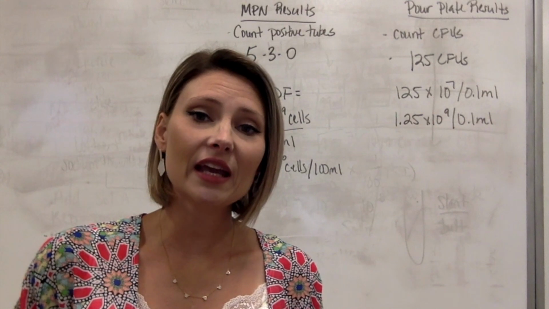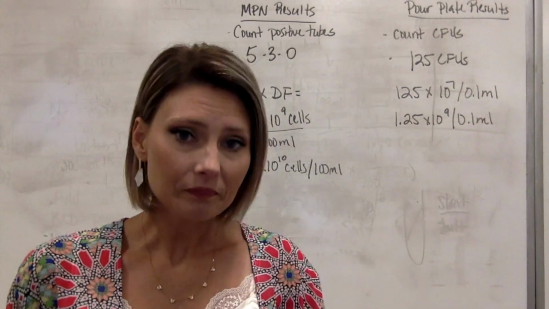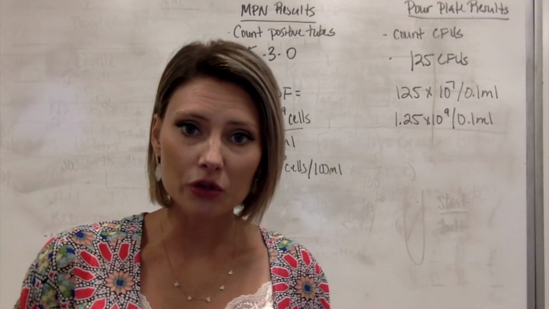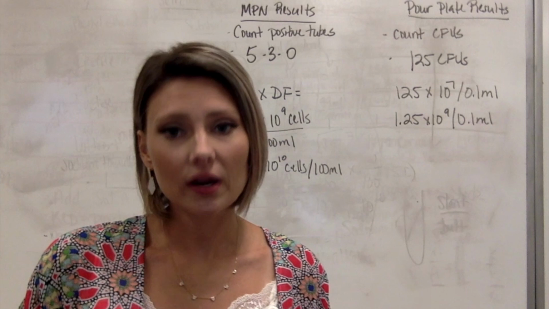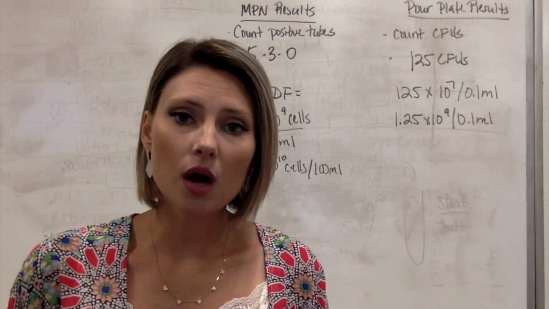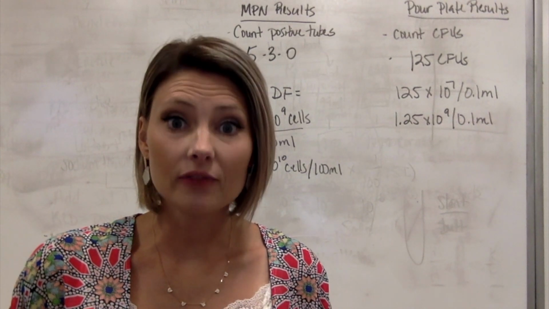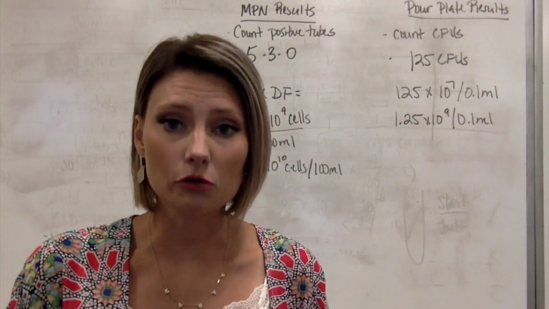Here, we're only getting a count of viable cells that are actually going to grow, because we're going to put cells into media, and then we're going to let them grow for 24 hours or longer if needed, and then we are going to get a count of how many cells are there, and of course it's viable cells because those are the ones that are growing.